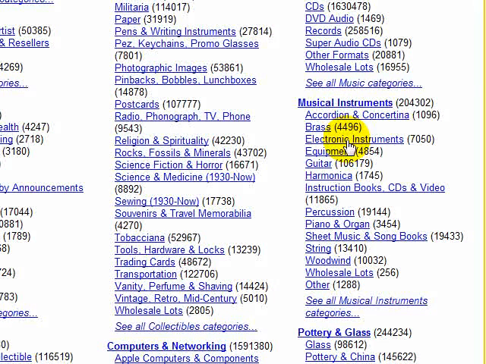So instead of writing an ebook about music in general, you could write an ebook about electronic instruments only. Instead of writing a whole general website about music, write a specific website about guitars, or a blog about instruction books and CDs and videos specifically.